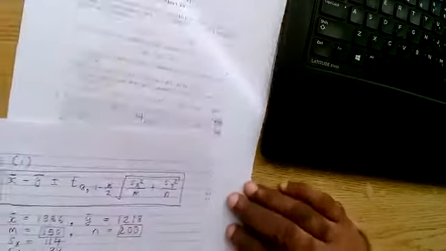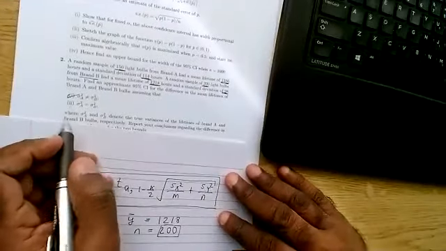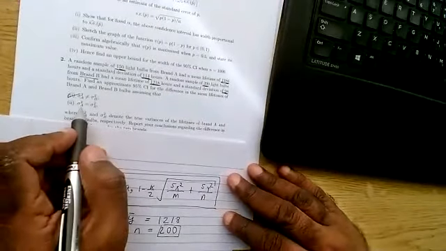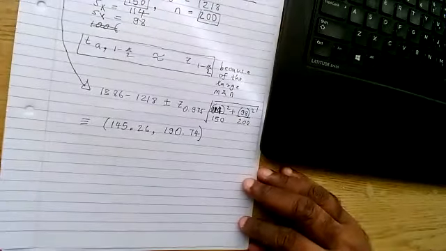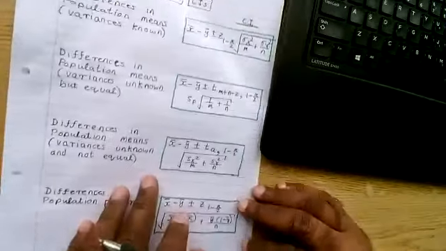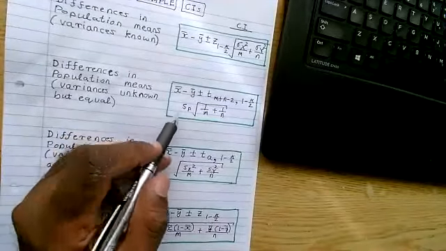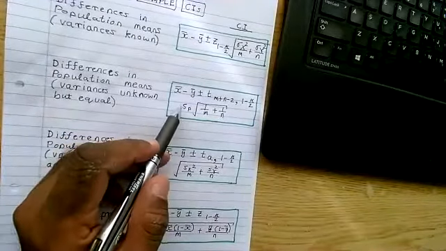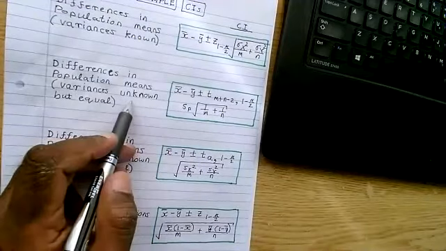All right, now let's return to part two. We've done part one. Part two is to do the same thing, assuming that the variances are equal. In that case, the formula that we need to use is this one, because this is the only formula where we are assuming that the variances are equal but unknown, right?